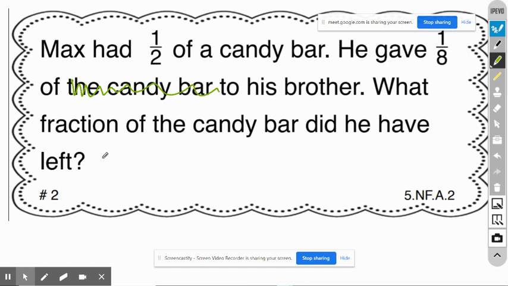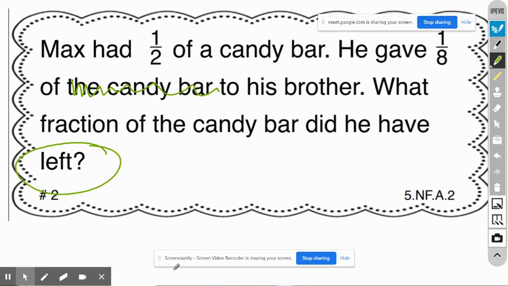And look at the question: how much did he have left? That's another tip for subtraction. But if he had said he gave 1/8 of it, you would not say the words candy bar, right? 1/8 of it. Then you would multiply.